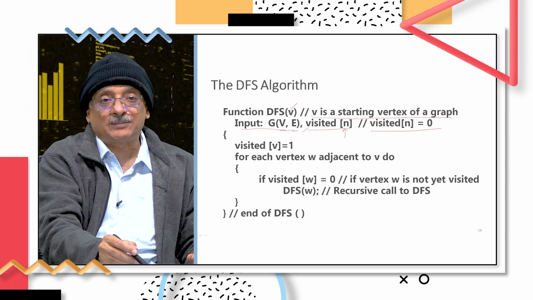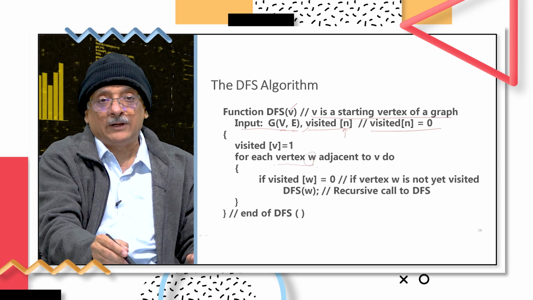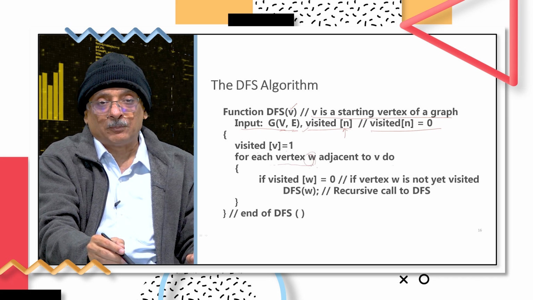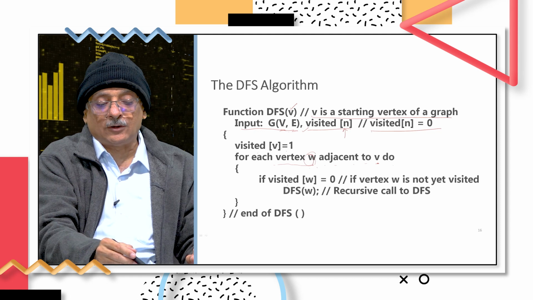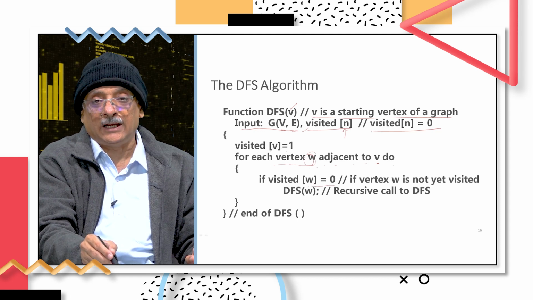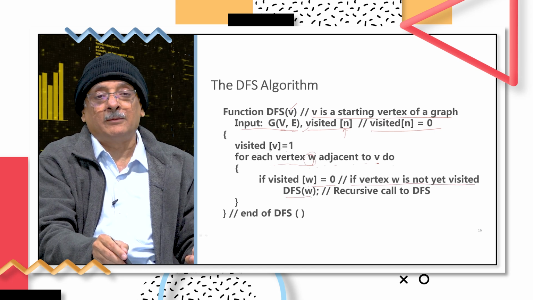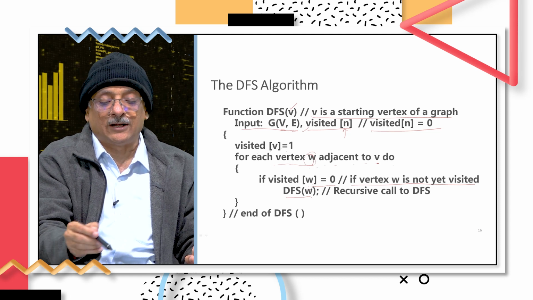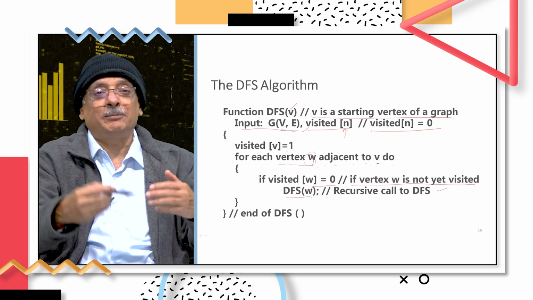For that start vertex, we assume w is any node adjacent to v. If this node has not yet been visited, then we perform depth first search starting with w. So, we do a recursive call and it will keep on happening.